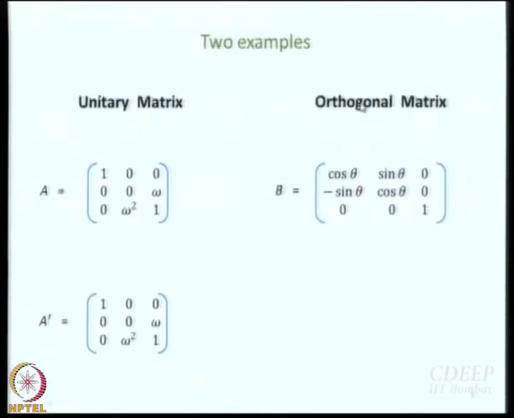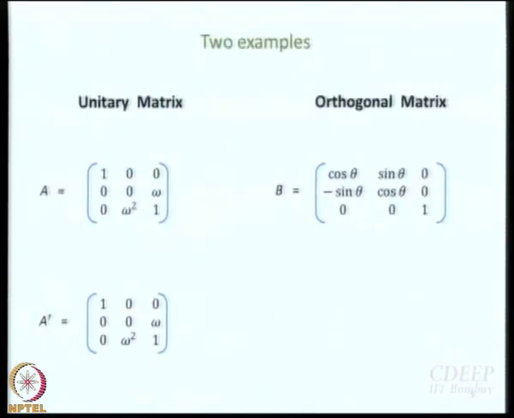Instead of going off orthogonally to our discussion into thermodynamics, let us rather talk about orthogonal matrix. B, what is the transpose of B, hoping that there is no further typo here. Cos theta, minus sin theta, 0; sin theta, cos theta, 0; 0, 0, 1, right?